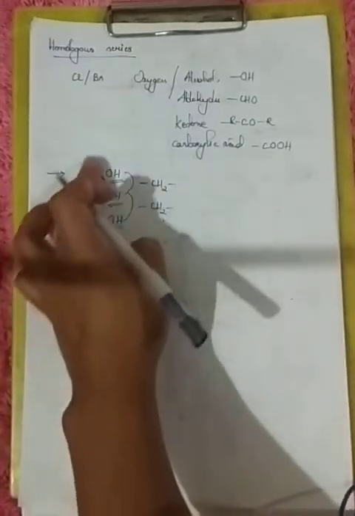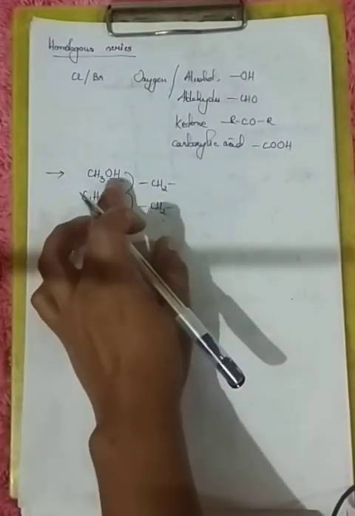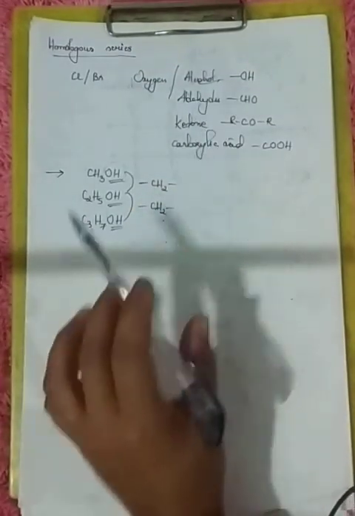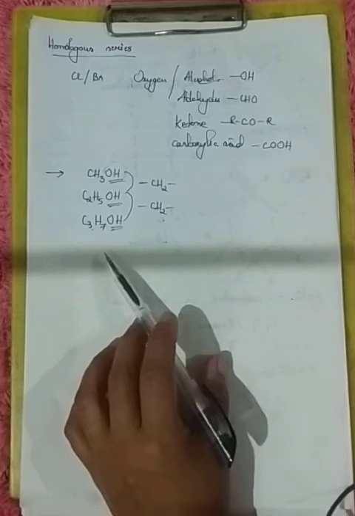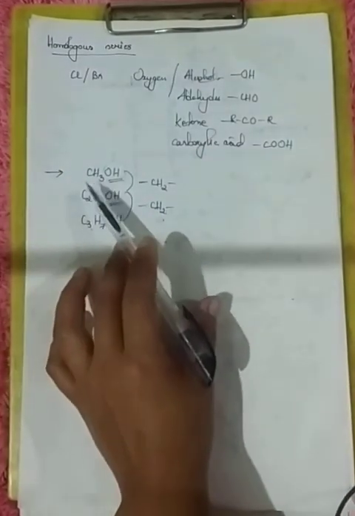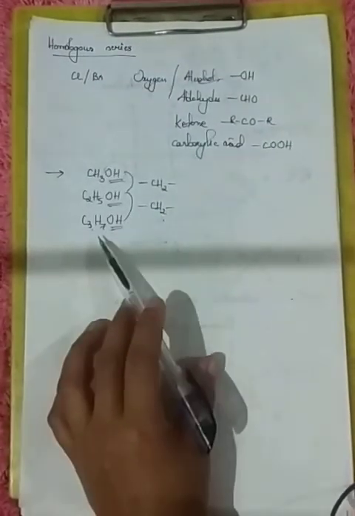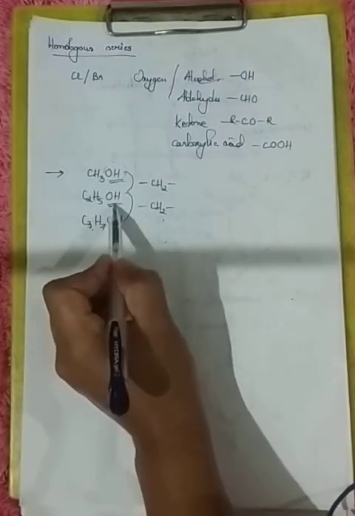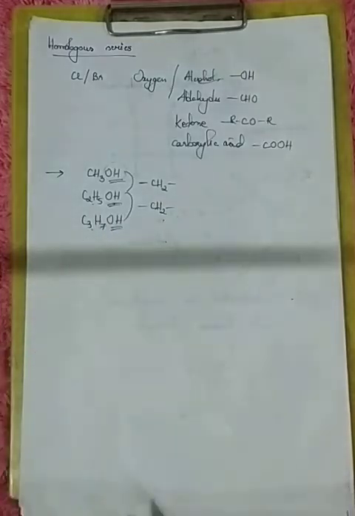I'm repeating again: a series of compounds with the same functional group, such as OH for alcohol, or aldehyde, ketone, or carboxylic acid, substituting for hydrogen in a carbon chain is called a homologous series.